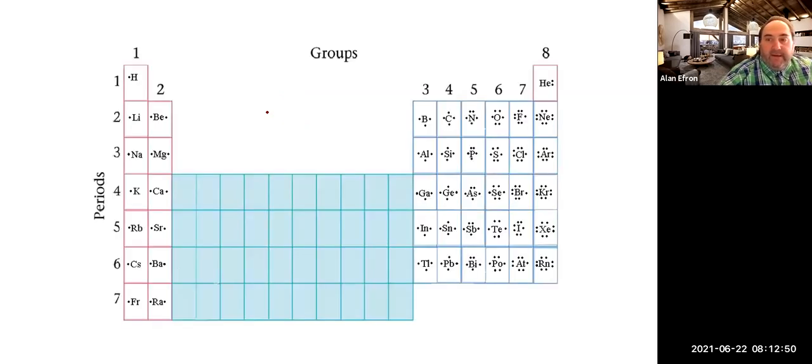So here's a chart I made of Lewis dot symbols for everybody. And again, you can see here, everybody in group 1 has 1 valence electron. And these are all just the valence electrons that are being shown. 2 valence electrons in group 2, 3, 4, 5, 6, 7, and 8 all the way across.